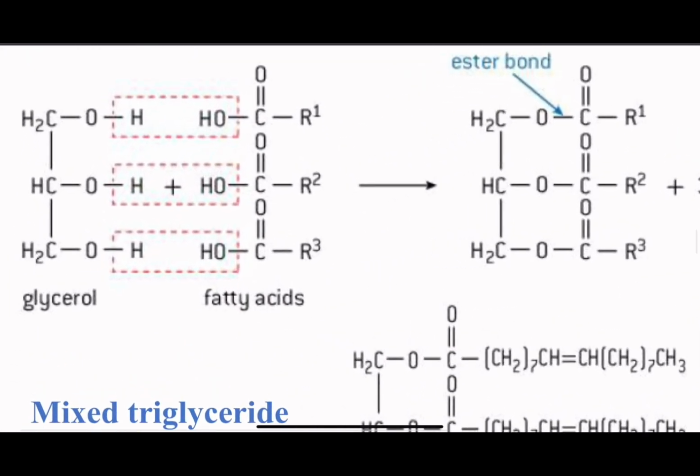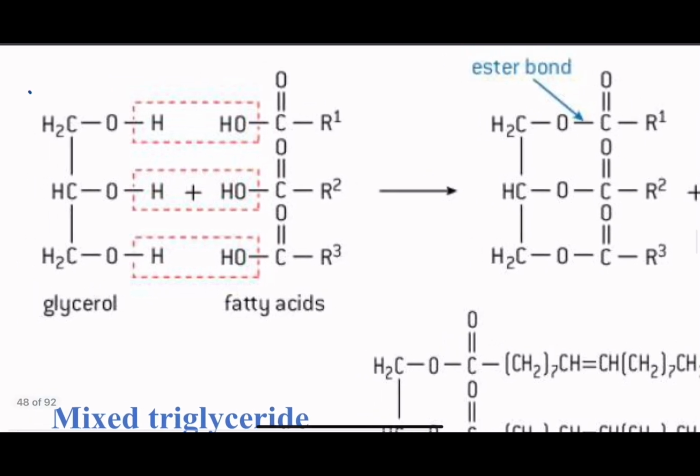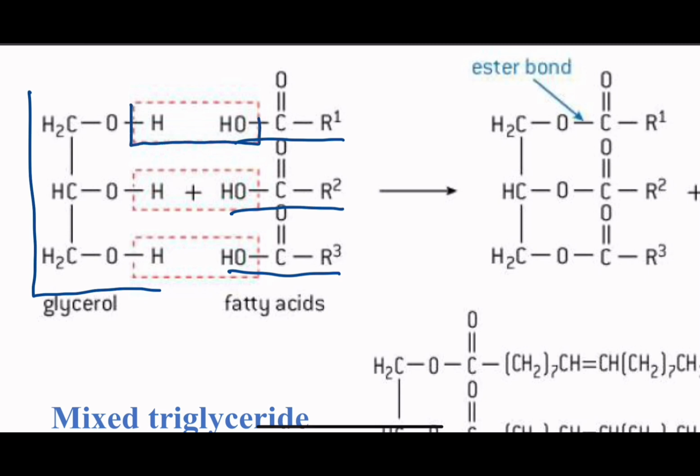So this is the esterification reaction. We have done it in class many times. I've got glycerol, right? I wrote it here, and then I put here my fatty acids. Fatty acids are carboxylic acids. And when we go through the esterification reaction, we remove the water from here.